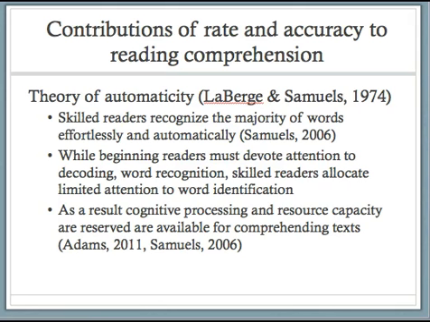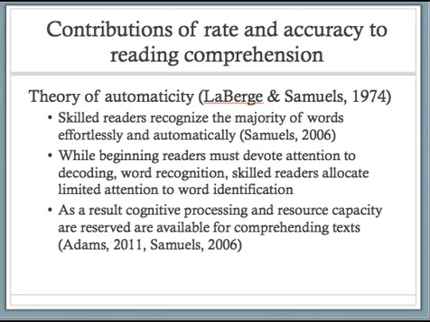So what is the theoretical framework behind the notion of the contribution of rate and accuracy to reading comprehension? Well, in large measure, we can attribute that to LaBerge and Samuels back in the 1970s, who proposed a theory of automaticity. In other words, practice, from a cognitive processing perspective, allows performance to get better and better, and Maryanne Wolf talks about this in her book Proust and the Squid.